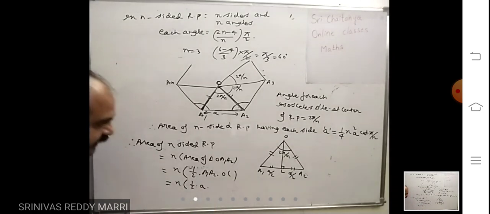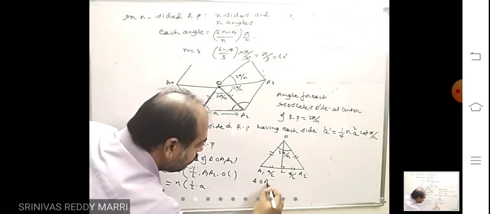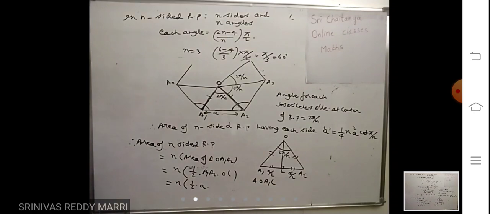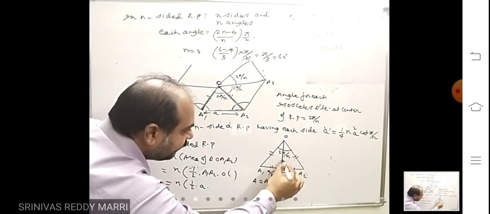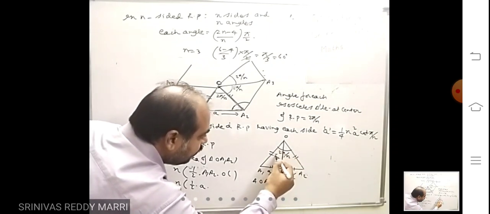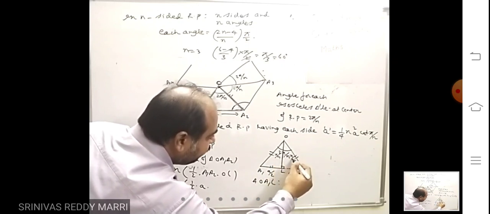Half into A into OL. Now look at triangle OA1L. This is the vertical angle bisector. That means if this complete angle is 2 pi by n, this angle will be half of that, pi by n.